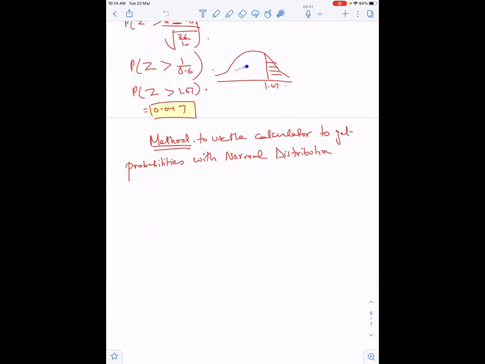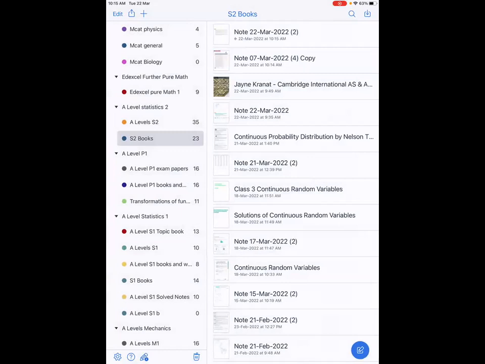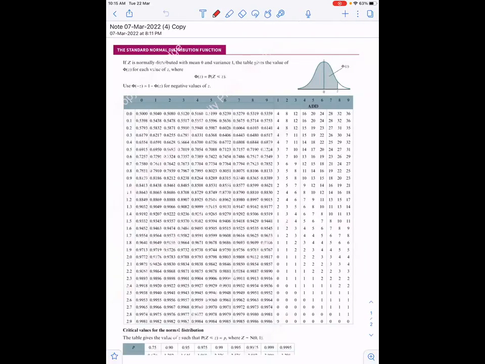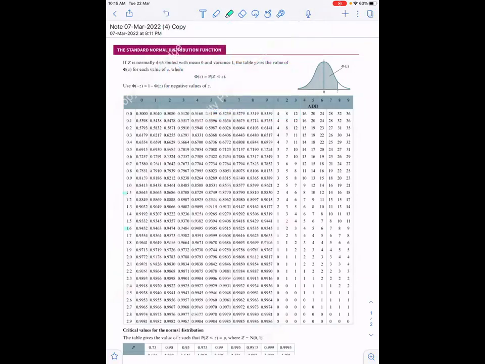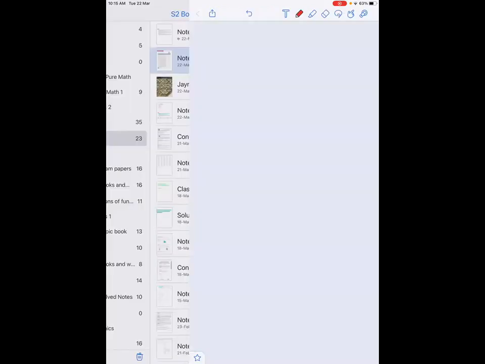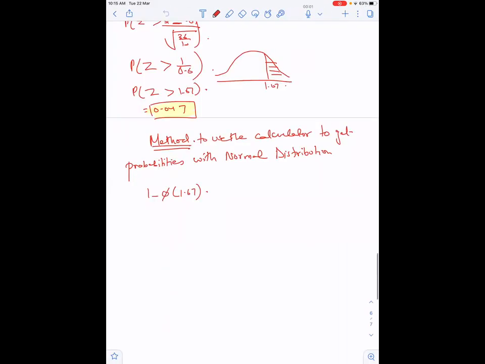So we have to do 1 minus phi of 1.67. 1.67 is this number, 0.9525.